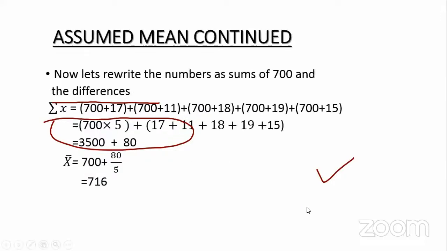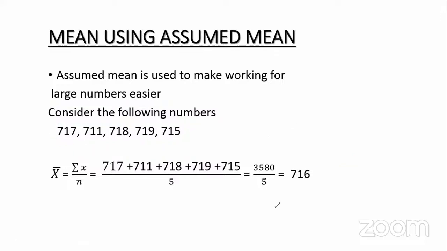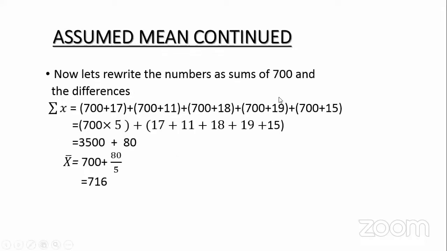Now look at this. Let me first clear this. Now look at this, the next level of just the same numbers. Looking at the same numbers in the second category, if I rewrite this number, instead of writing 717, I write 700 and I add 17.